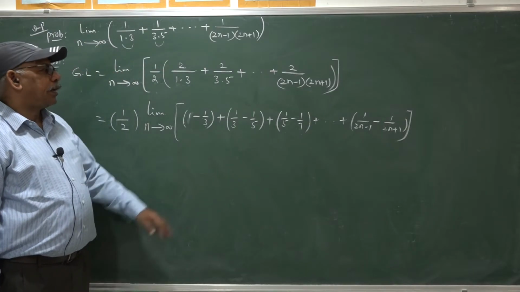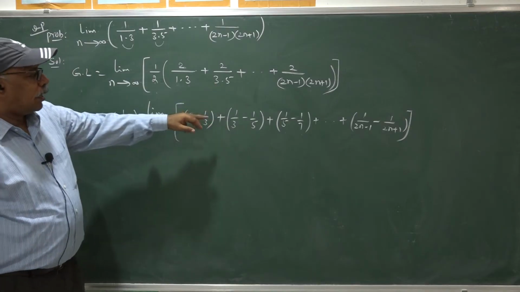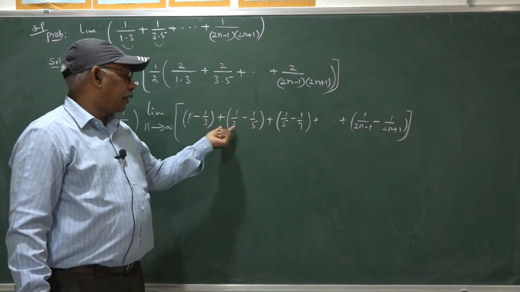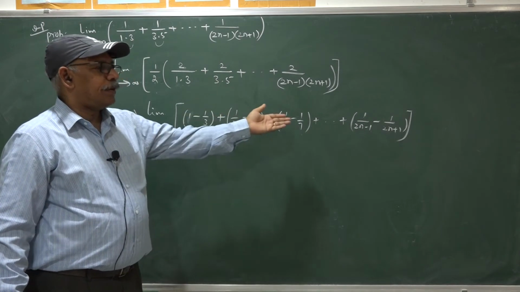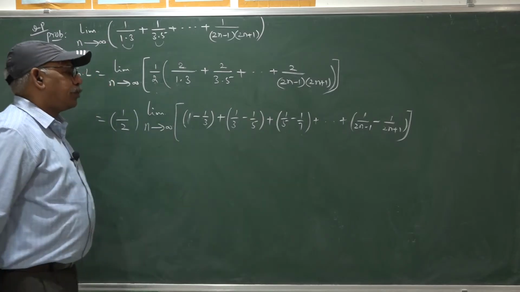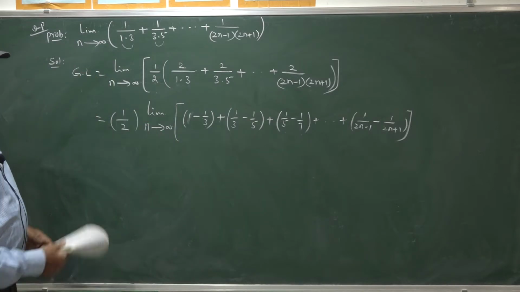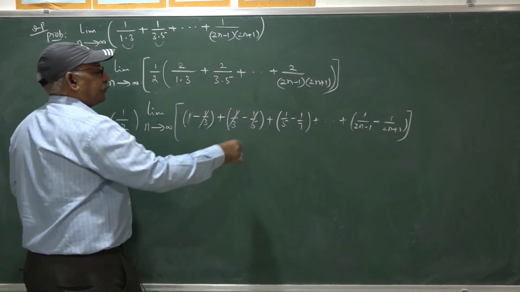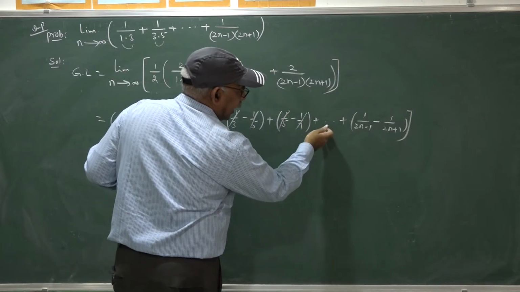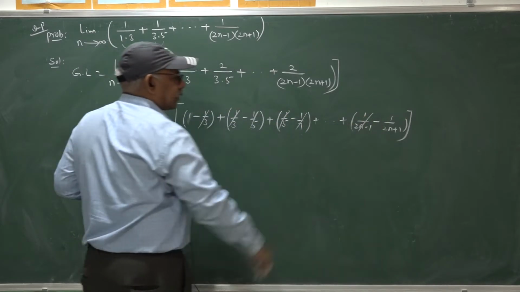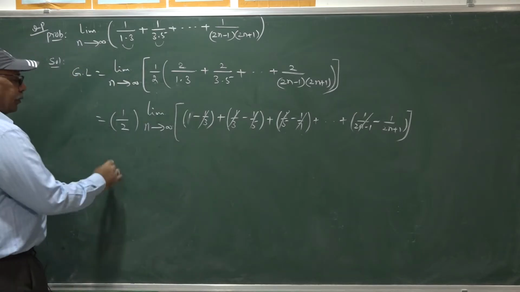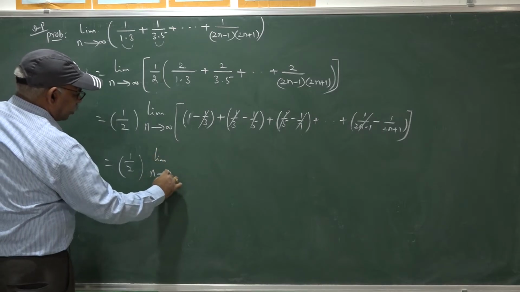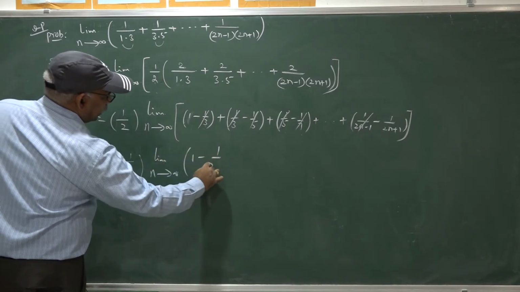Based on the factors in the denominator, you can arrange each and every term as the difference of two successive terms, so that these terms cancel. This one cancels in the next one and this one cancels in the previous one, so that ultimately the total limit reduces to limit as n goes to infinity, 1 minus 1 by 2n plus 1.